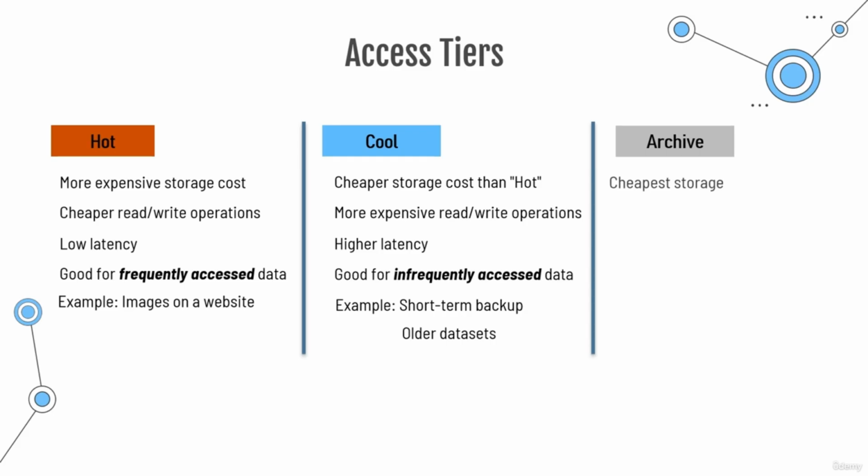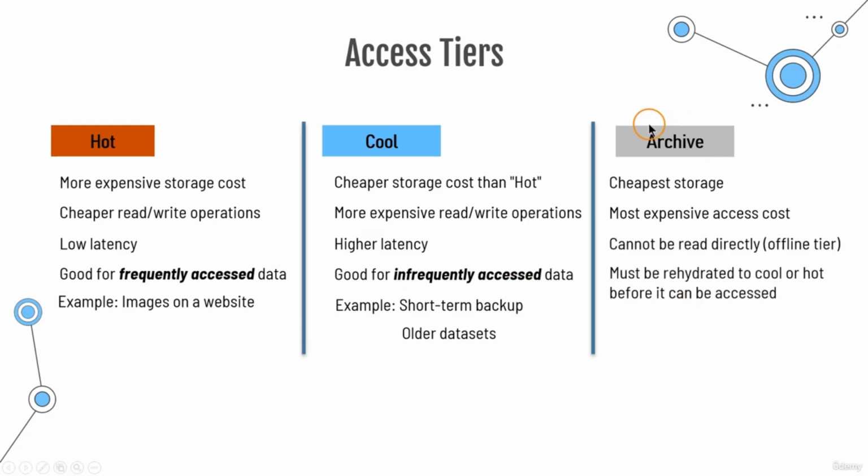But now, lastly, we also have the archive. This is now much cheaper than the other two tiers in terms of data storage. But accessing this data is not only much more expensive, but it's also much more complicated because we cannot just access this immediately. We have to first rehydrate this tier.